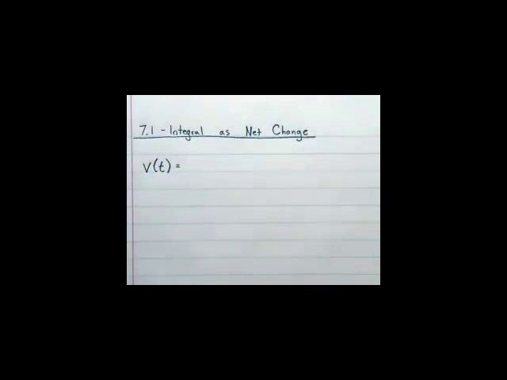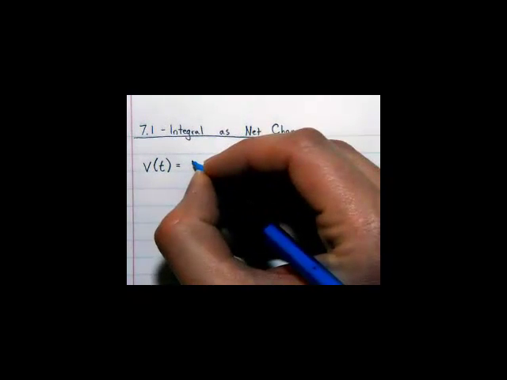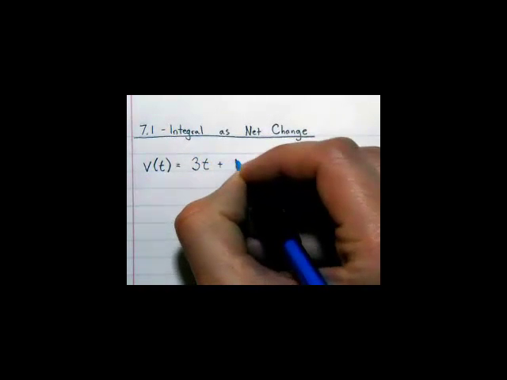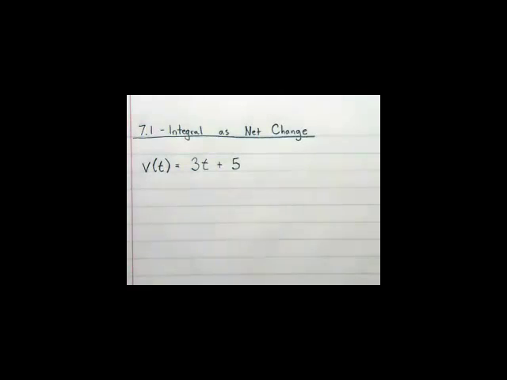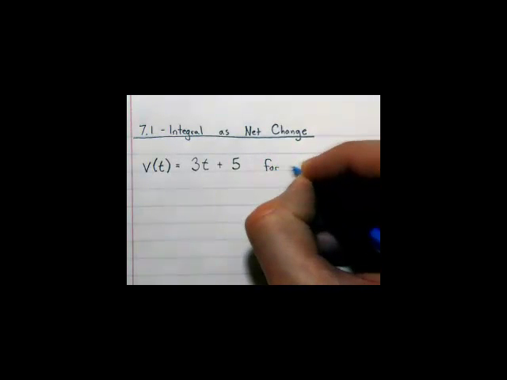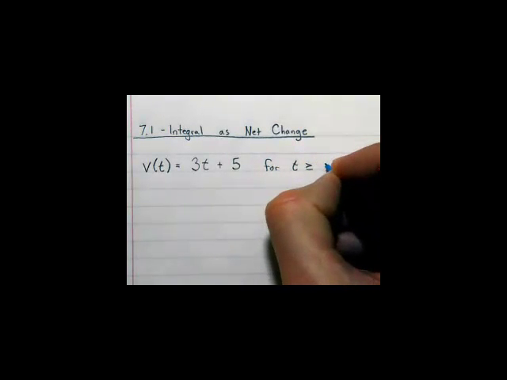just some stuff to review and get you back on track here. Let's say we've got some particle and its velocity over time is 3t plus 5 for t greater than or equal to 0.